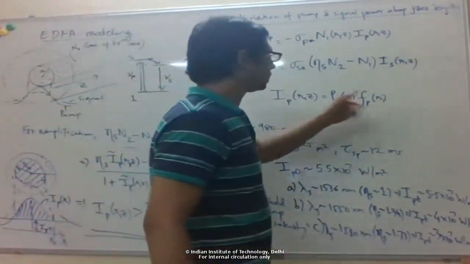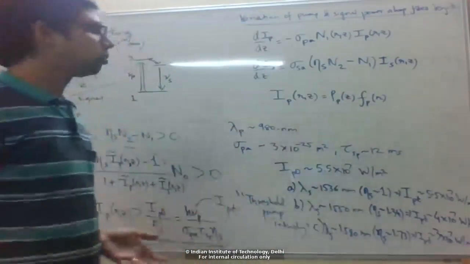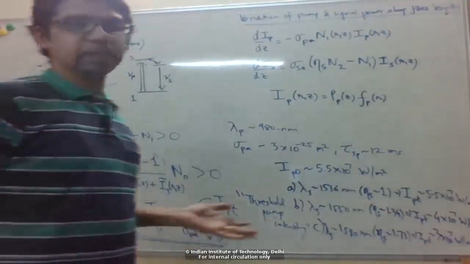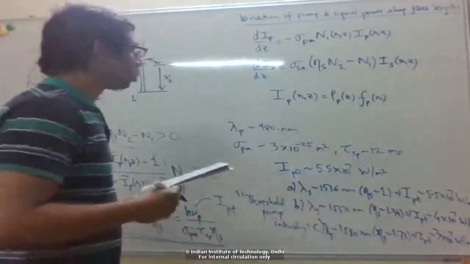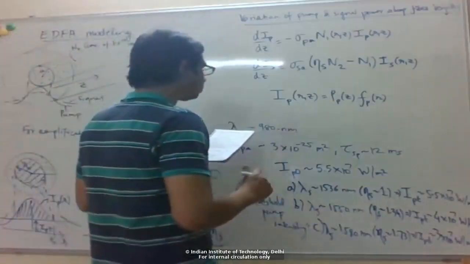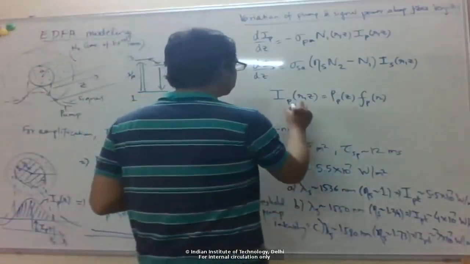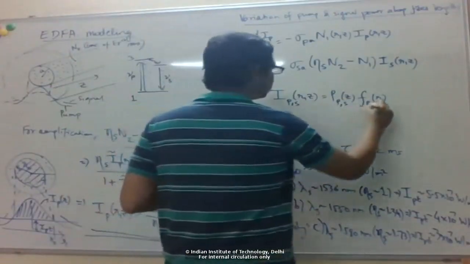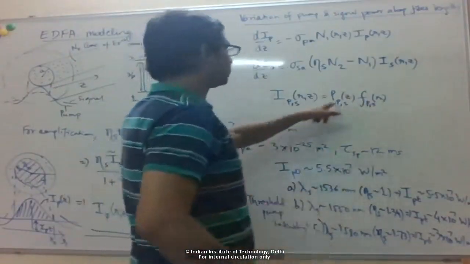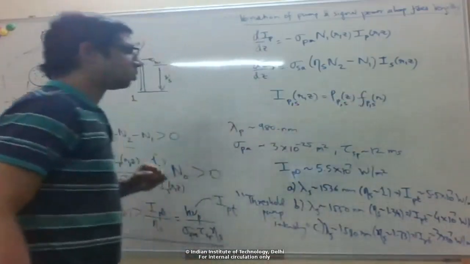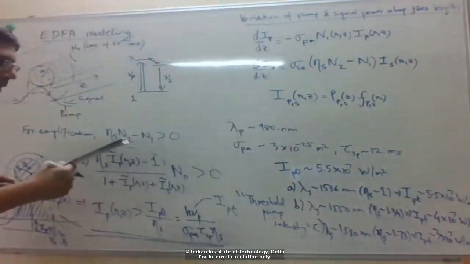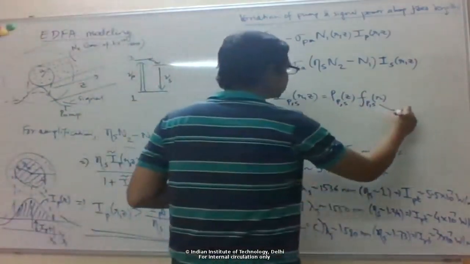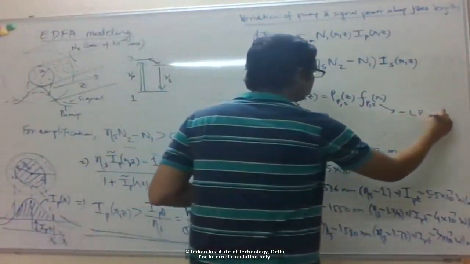For example, for the LP01 mode, it will be some J0 in the core, which can be approximated as a Gaussian. Similarly for the signal, I can write the power at that distance times the mode profile at the pump and signal.